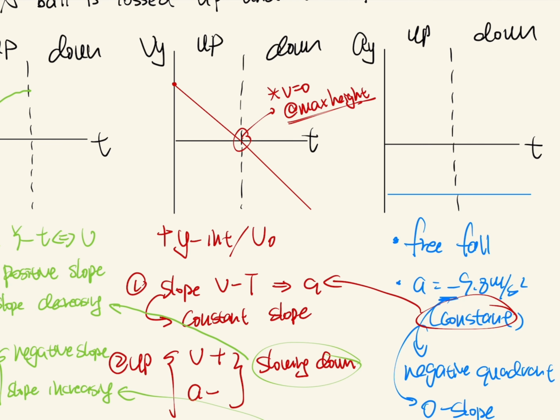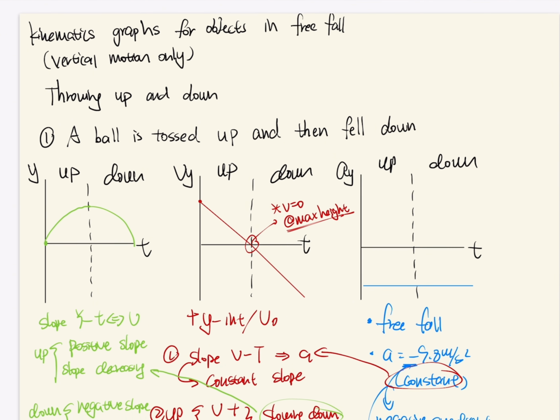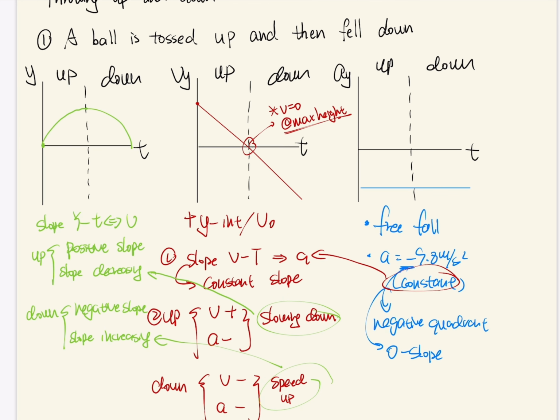That just means the slope gets steeper. And since it's negative, it goes down like this, right? So now we have the 3 kinematic graphs when it's in free fall. It's only for the situation when something is tossed up and falls down.